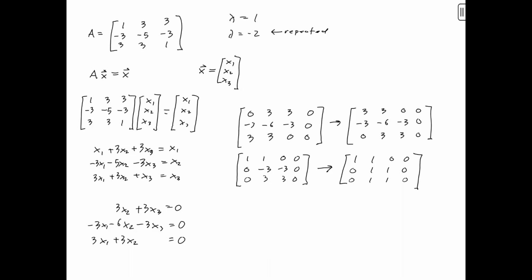Adding negative 1 times the second row to the first row gives me 1, 0, negative 1, 0, 0, 1, 1, 0, and 0, 1, 1, 0.